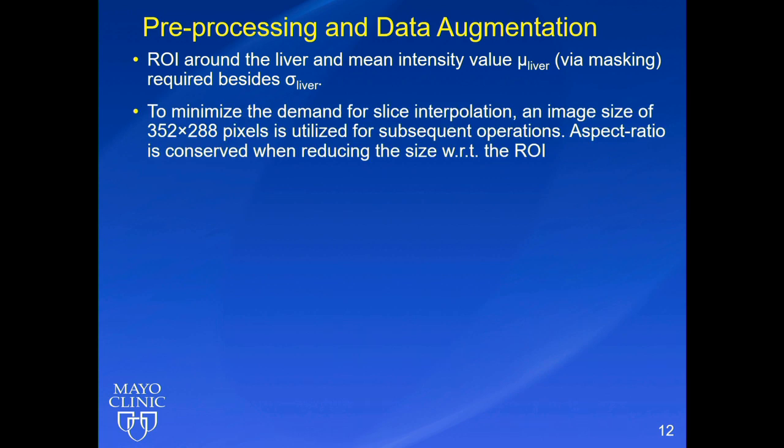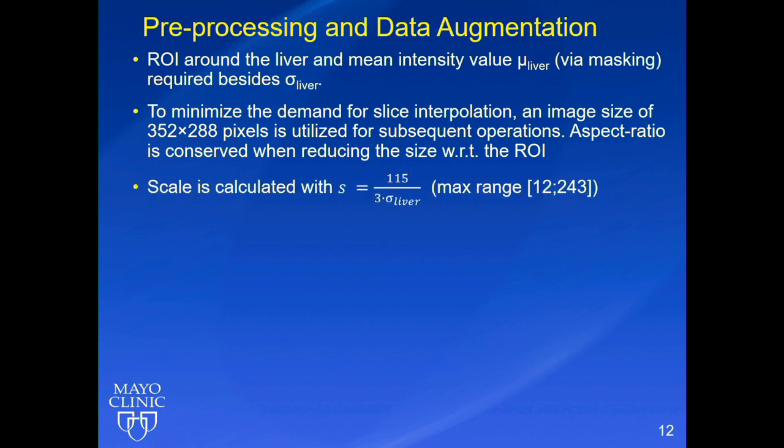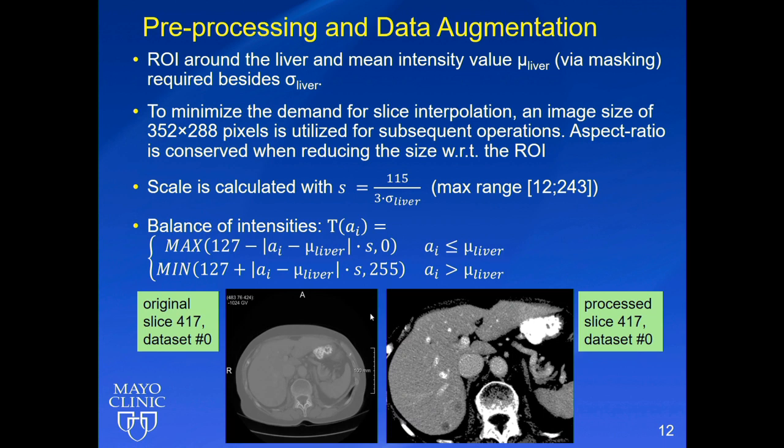Yeah, so the pre-processing is some kind of windowing intensity profile adaptation. The intensities are scaled so that the mean liver intensity is located around 127. We use 8-bit unsigned. With this scaling, we restrict the datasets to the region of interest. For the given input data, this is straightforwardly done with the provided reference segmentation.